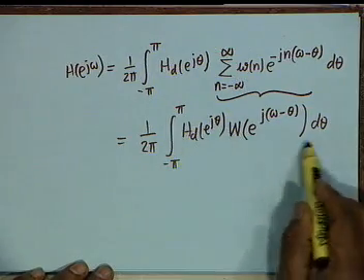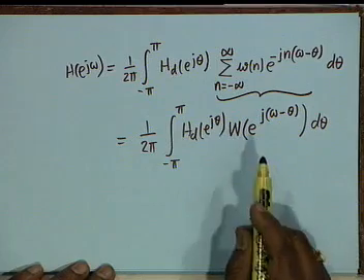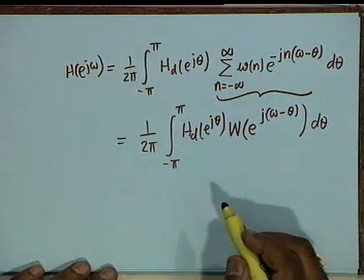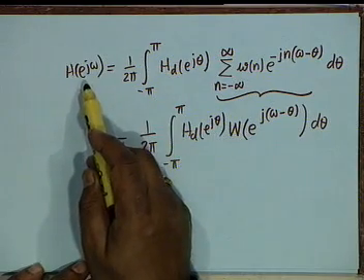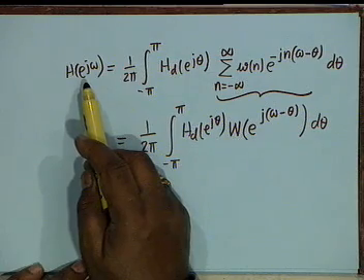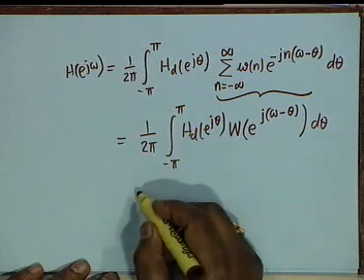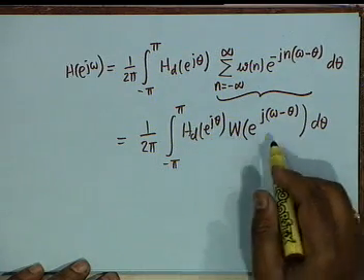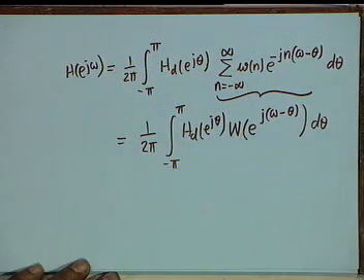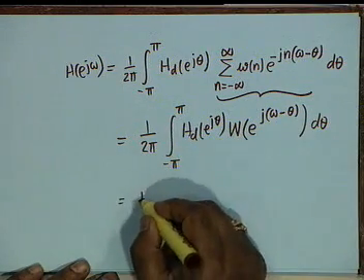And if you look at this integration, isn't this complex convolution? Right? It is. Therefore, the realized frequency response is the complex convolution of the desired frequency response and the windowed frequency response.